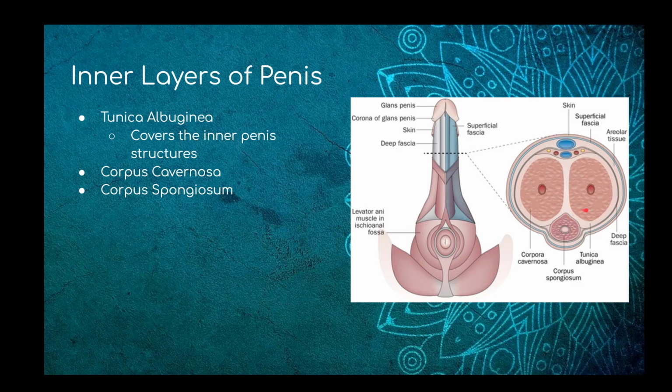The corpus cavernosa are two chambers filled with erectile tissue on either side, and then we have the corpus spongiosum that houses the urethra here. So remember that the tunica albuginea completely surrounds the cavernosa and just part of the spongiosum.